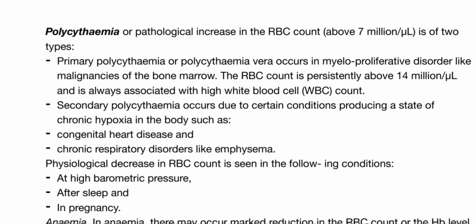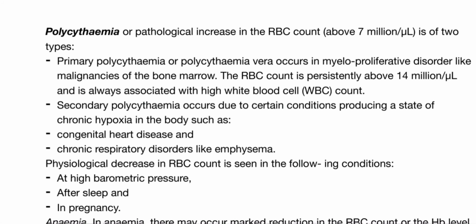In bone marrow cancer, it is seen that there is an increase in the RBC count. RBC count is persistently above 14 million per microliter and is always associated with high white blood cell count. So in this, WBC count also is higher, and RBC count is much higher, about 14 million per microliter.